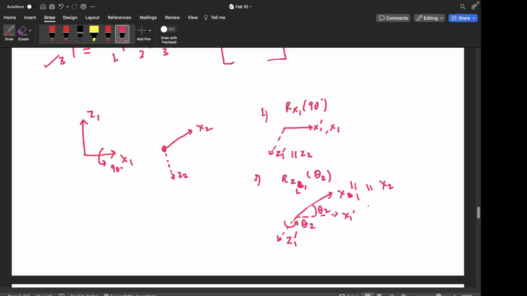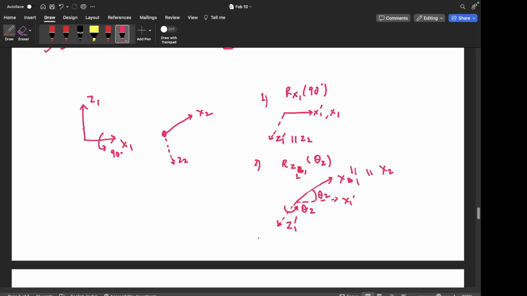Now to make them coincident, what's the third thing which is missing? The translation part. Translation by L1 along the initial x1 direction. So basically you take the origin and move it by L1, and finally it becomes the rotated frame which we want to achieve, this x2 and this z2. So finally we achieved that.